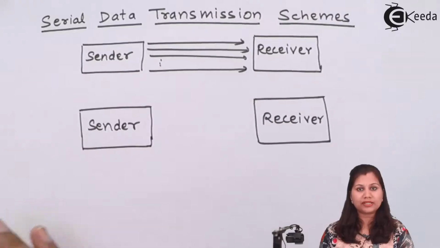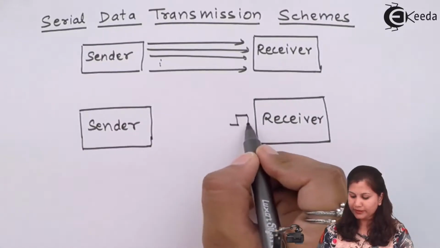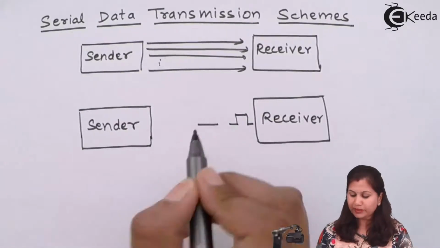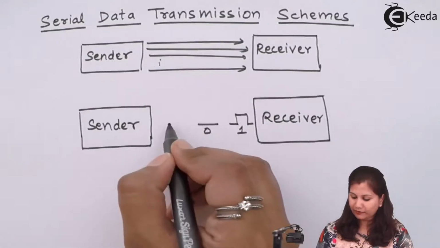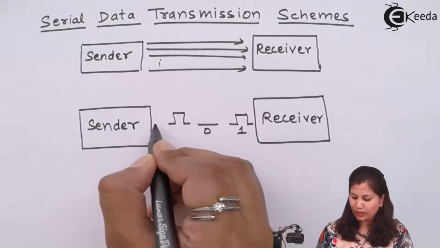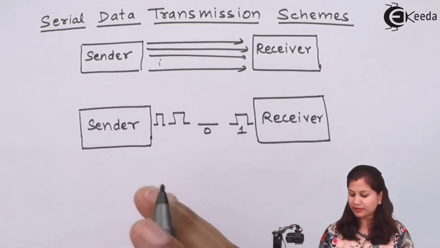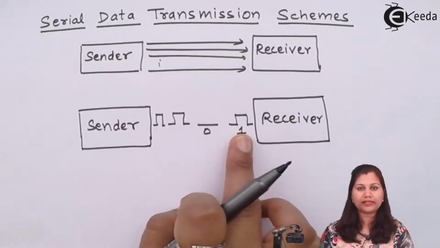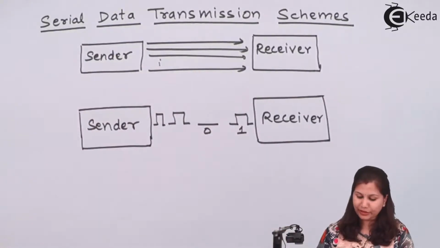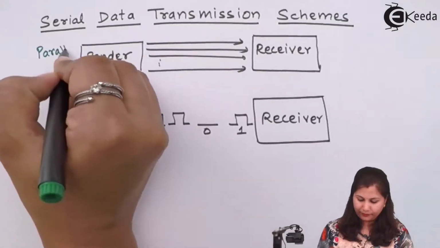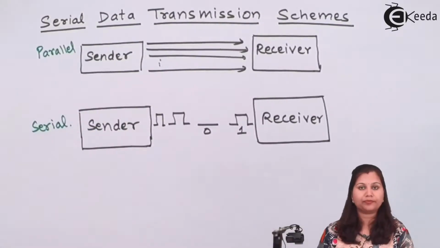Whereas in the case of serial data transmission, suppose first one bit is transmitted, then the second bit is transmitted, suppose it is 1, it is 0, then again we are having 1, 1. So in this way all the bits will be transmitted, only one bit at a time. So this is the case of parallel data transmission, whereas this is the case of serial data transmission.